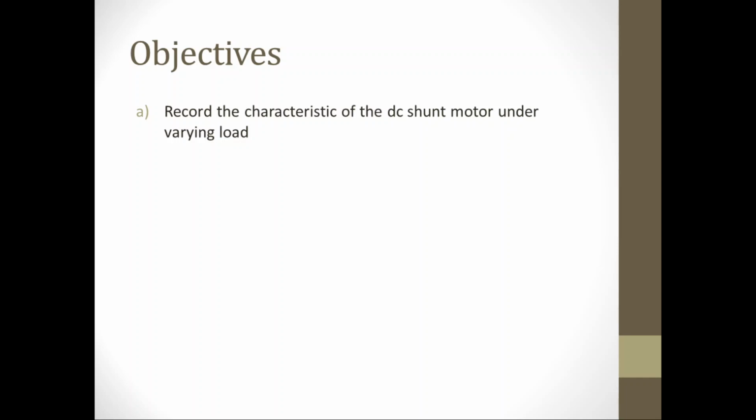The characteristics may be the speed, the torque, and the current drawn by the DC shunt motor when it is carrying a load, and to calculate the efficiency of a DC shunt motor.